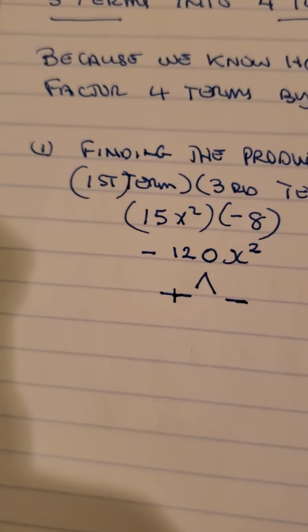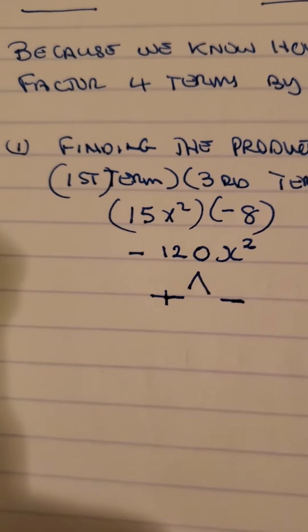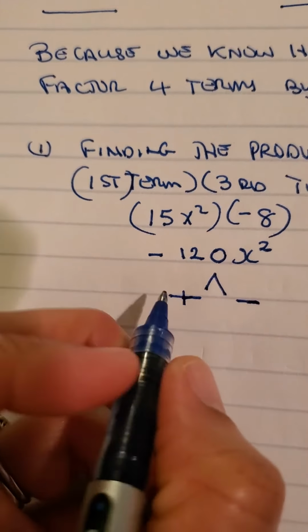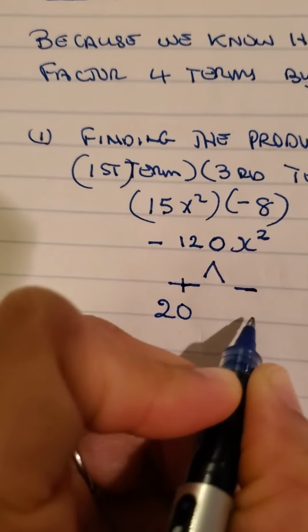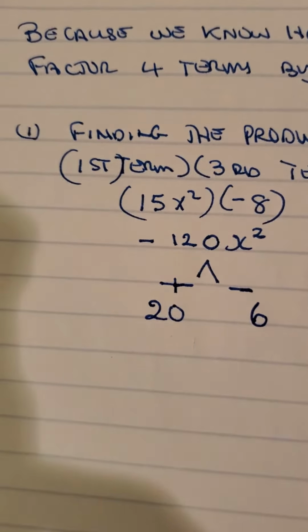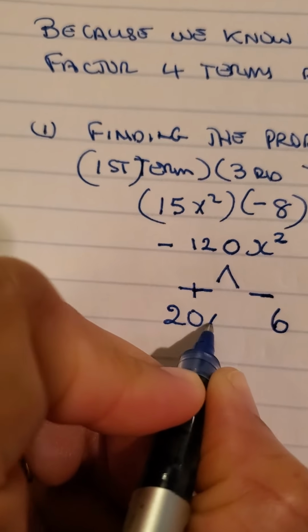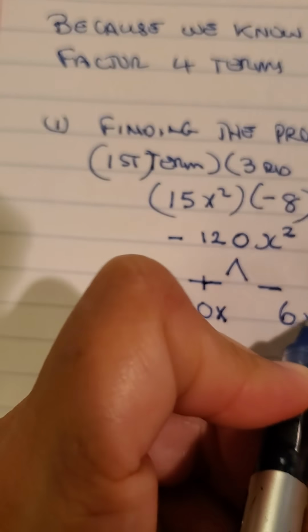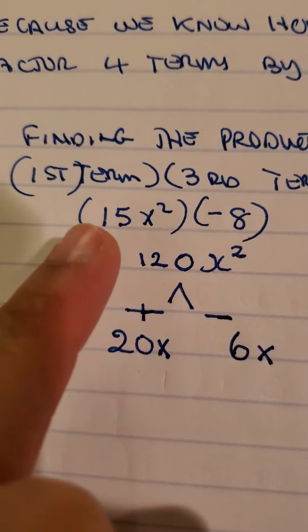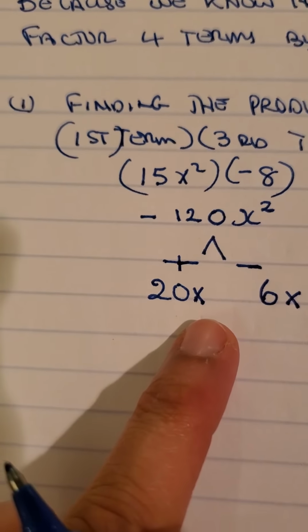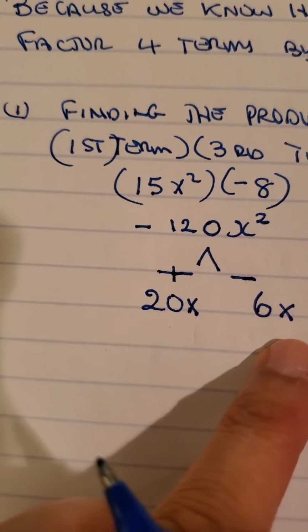So if we look at this, because I did this in advance, 20 times 6 is 120, right? Or we could say 20x times 6x would actually be 20x squared. Now, why didn't I say 20x squared times 6?